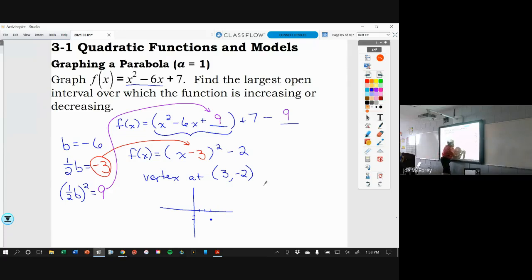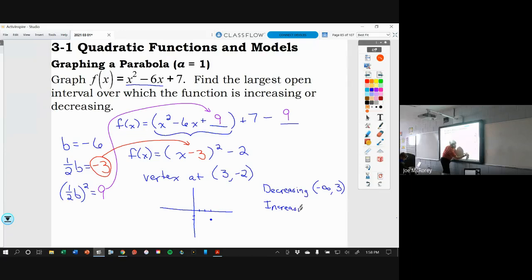This function is decreasing from negative infinity until it gets to the x value 3. And what happens when it hits 3? It starts to increase.